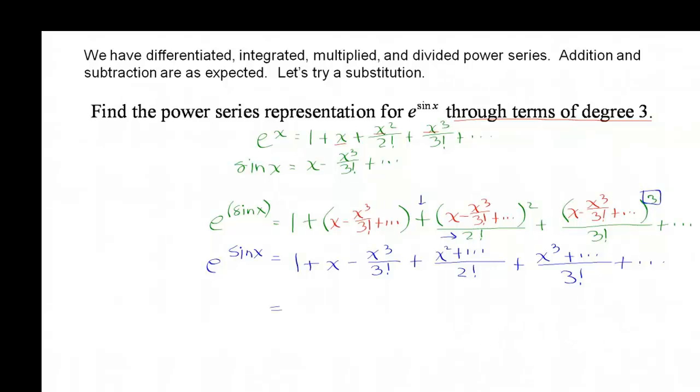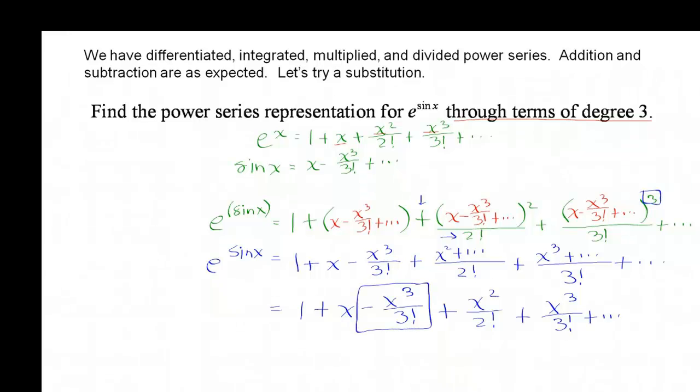So let's clean this up. We'll have 1 plus x minus x cubed over 3 factorial plus x squared over 2 factorial plus x cubed over 3 factorial. And you can see here, if I've done my algebra correctly, that those 2 terms are going to cancel.